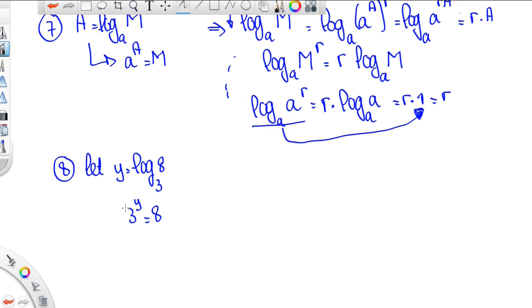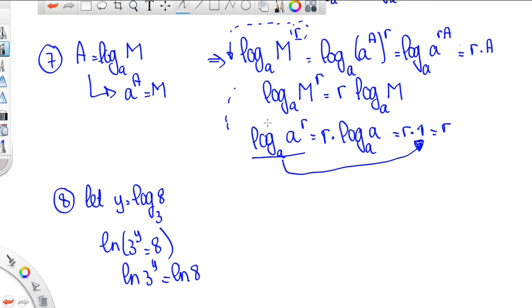And then let's solve this for y. So since I'm lazy, I'm going to take the natural log on both sides. So that means that the natural log of 3 to the exponent of y is the natural log of 8. Then using the rule that we just sort of developed over here, if you have an exponent and you have some stuff over here, you can just bring the exponent out.